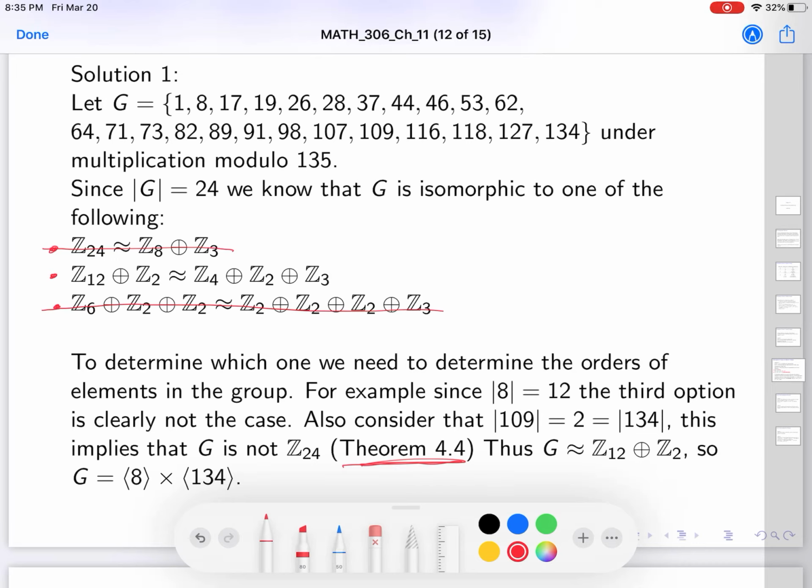So since there are 2 elements that are of order 2, it cannot be a cyclic group. Therefore, we get that G is isomorphic to Z12 external direct product Z2. So we could say that G is equal to the cyclic subgroup generated by 8 internal direct product the cyclic subgroup generated by 134.